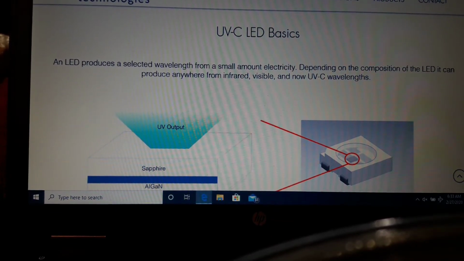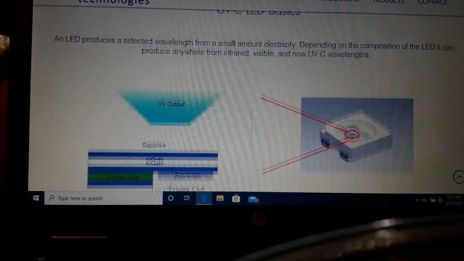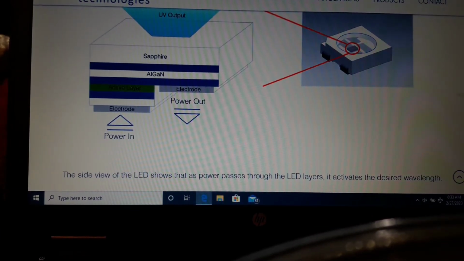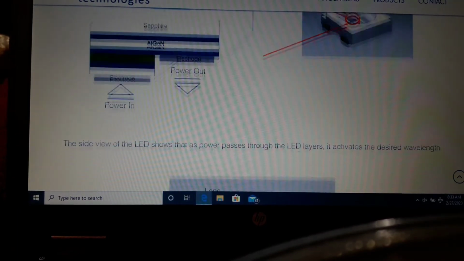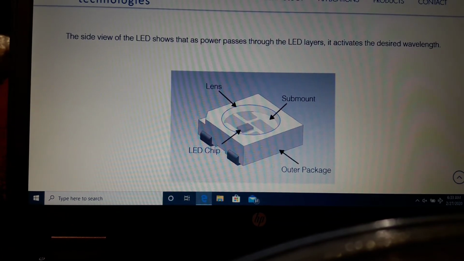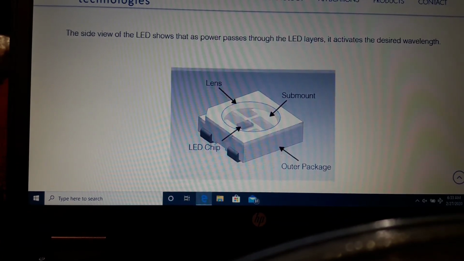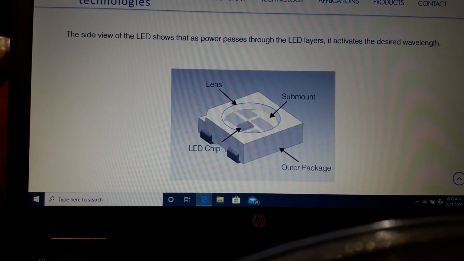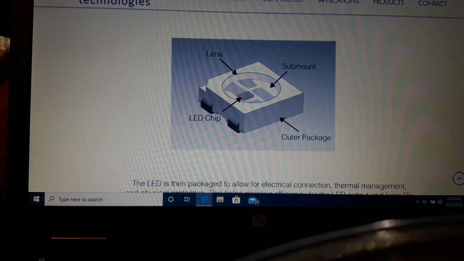So this little unit here is what does the work. The side view of the LED shows that as power passes through the LED layers, it activates the desired wavelength. So that's the little guy right there.